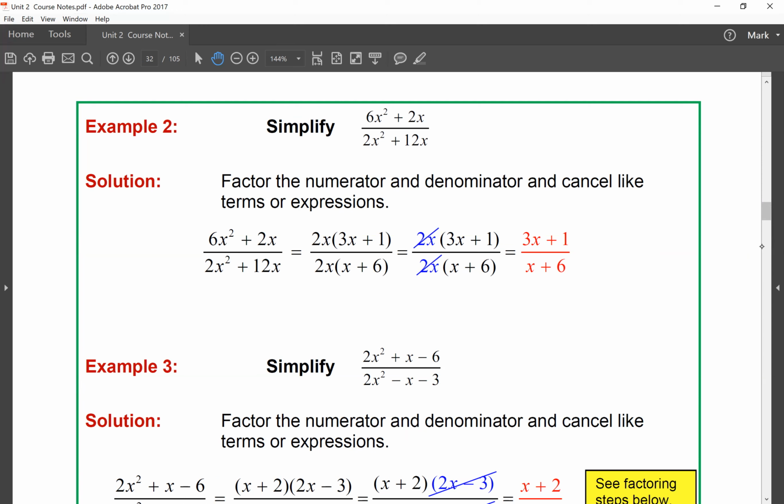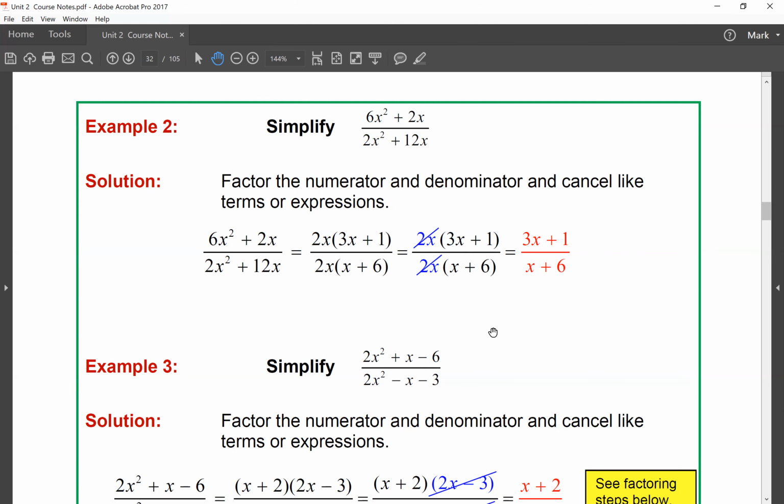In this one, it's actually simple. We're just removing the GCF, which is 2x. I can remove a 2x from the top and the bottom, and those 2x's cancel, because they are what we would call like terms. So I have simplified this expression.